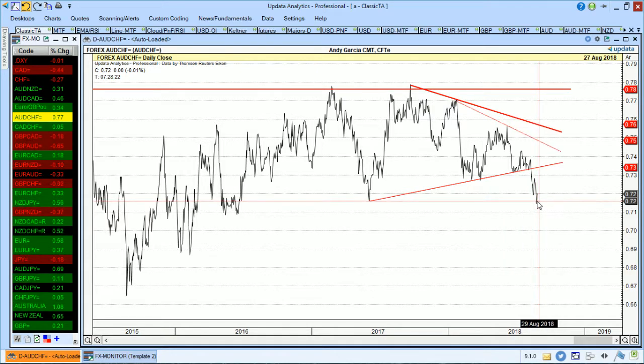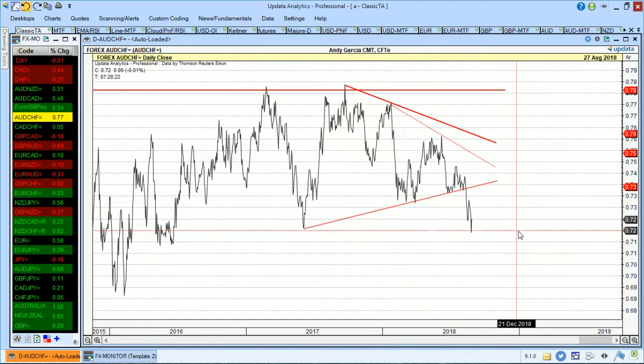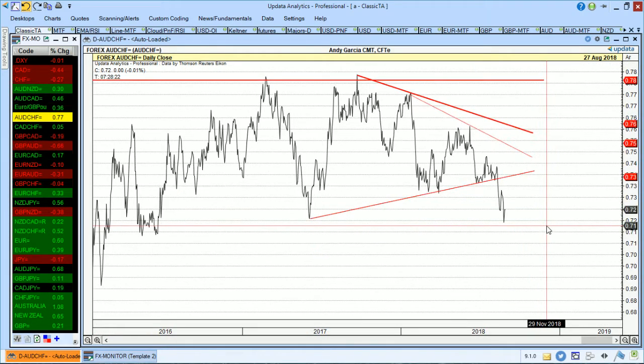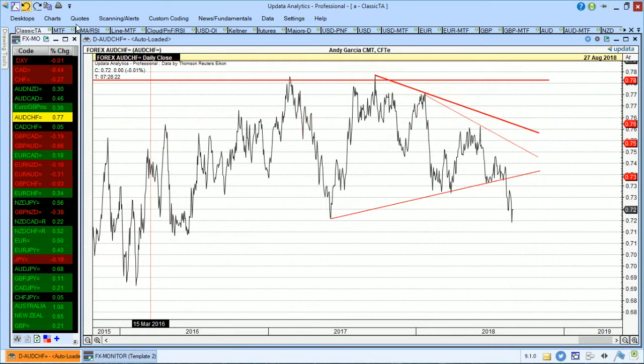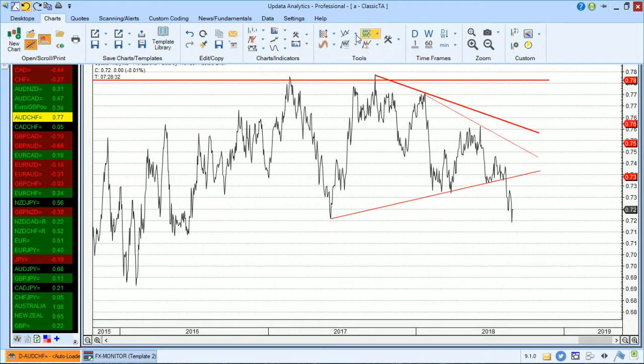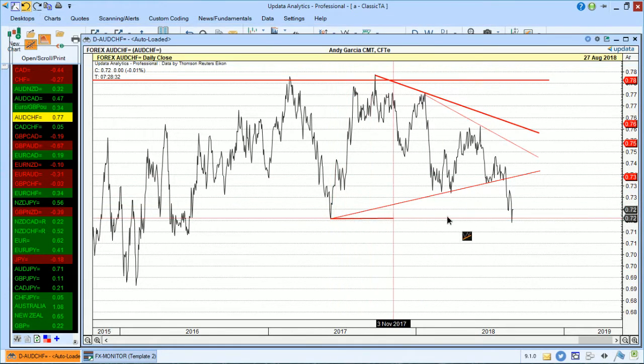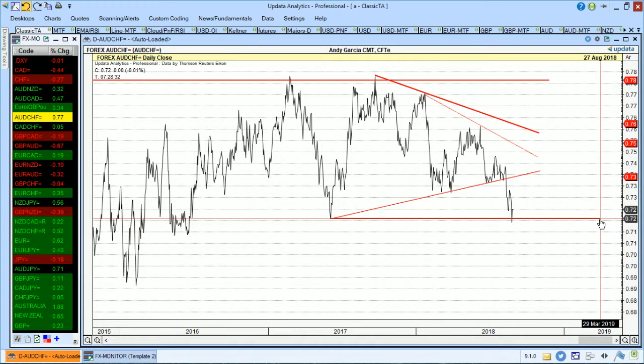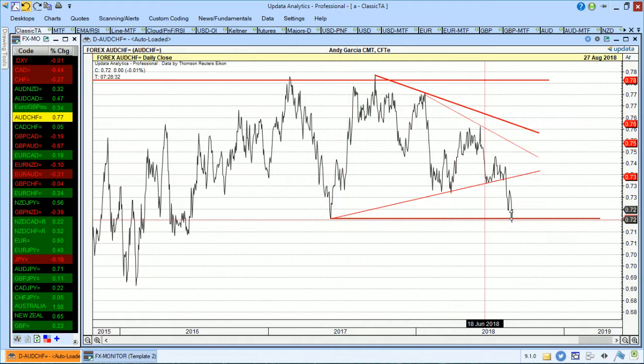But right now it looks like this market is turning around, so I want to be alert here that we could be setting up for a push back up as opposed to breaking down.